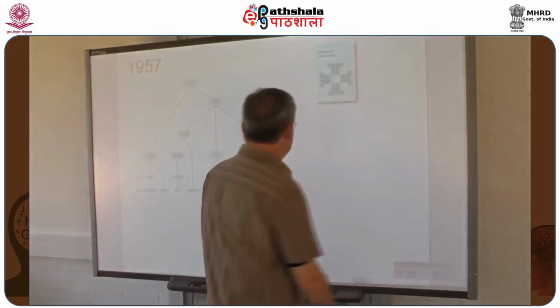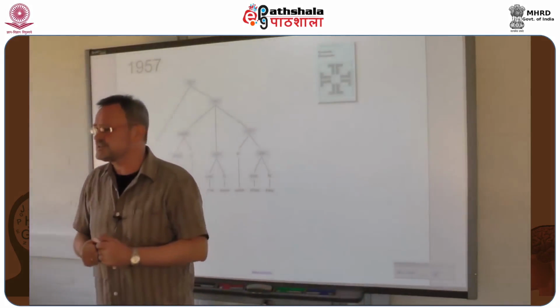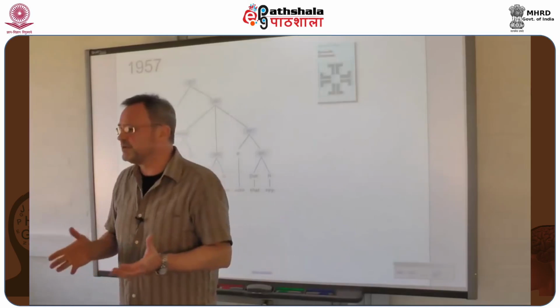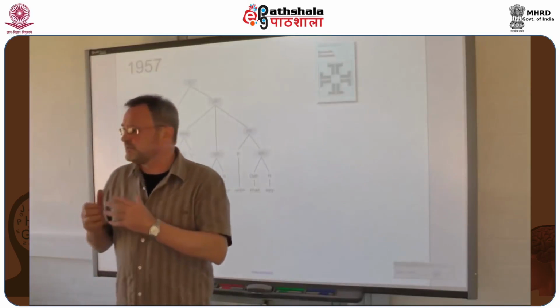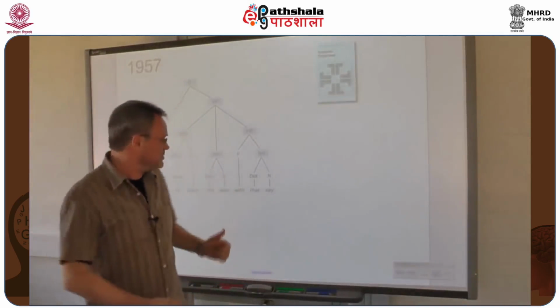As already mentioned, the first milestone, which we will illustrate on the basis of one sentence, was the year 1957, when Noam Chomsky introduced the first version of a phrase structure rule system, as you can see here.